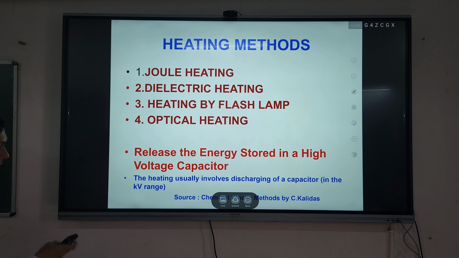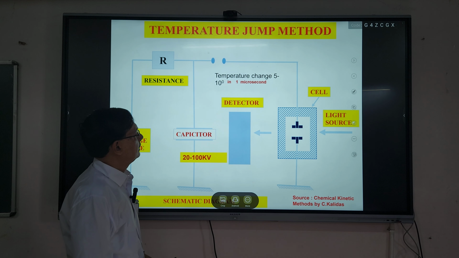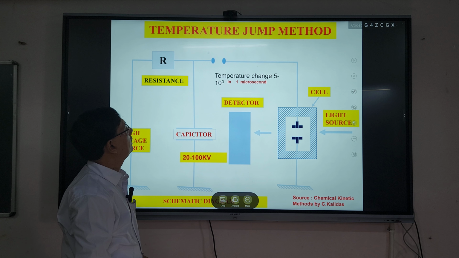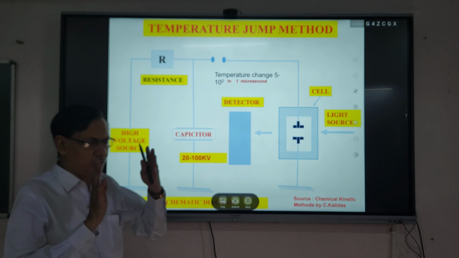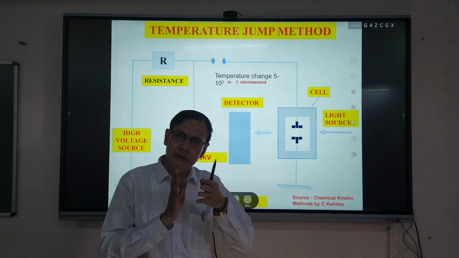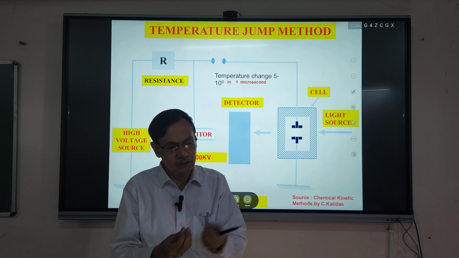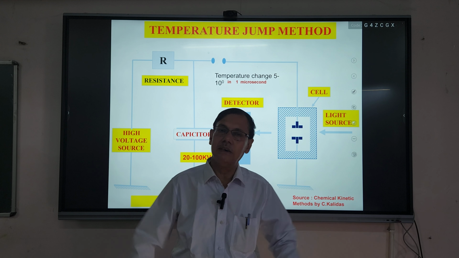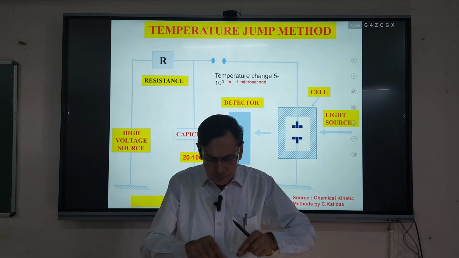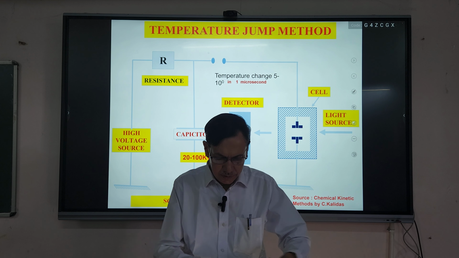So let me explain the diagram. My student Abhishek Katendra has prepared this diagram. Now compare it with the temperature jump and pressure jump methods. Everywhere, whether it is a stopped-flow technique, flash photolysis, even NMR, we need some reaction vessel, mixing time and a mixing chamber.